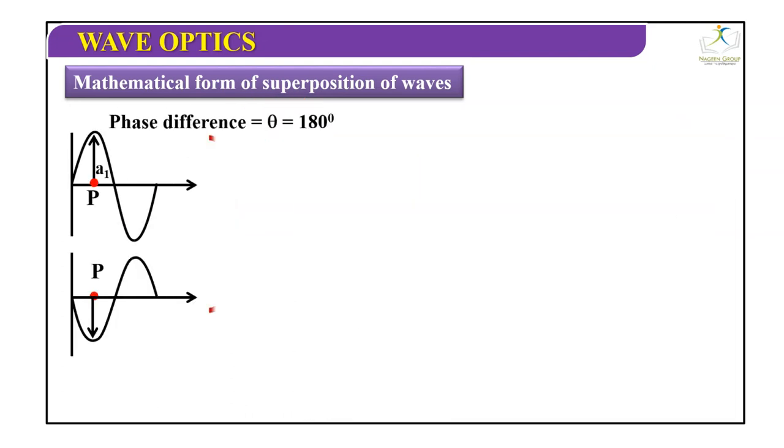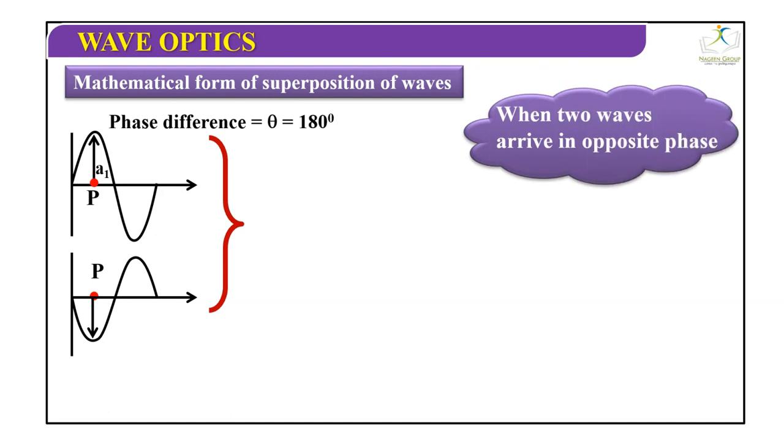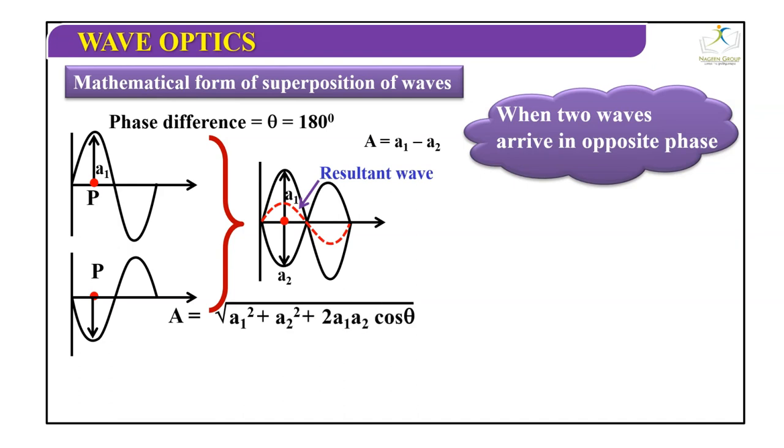And if they are in opposite phases, students, things change. When they are in opposite phases, theta equals 180, and cos 180 equals minus 1. So we put this in the resultant formula, A equals under root A1 square plus A2 square plus 2A1 A2 cos theta, and here theta equals 180. So what do we put? We put A1 square plus A2 square plus 2A1 A2 multiplied by minus 1.